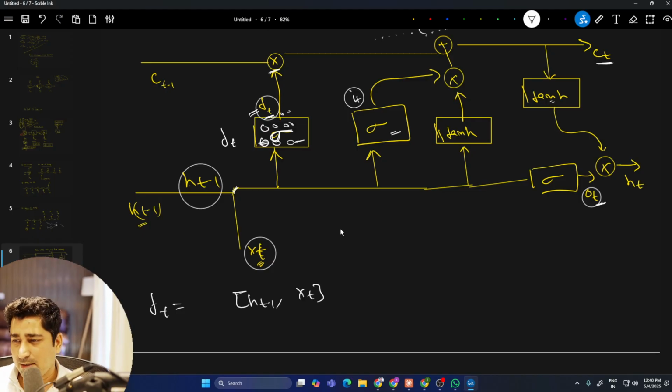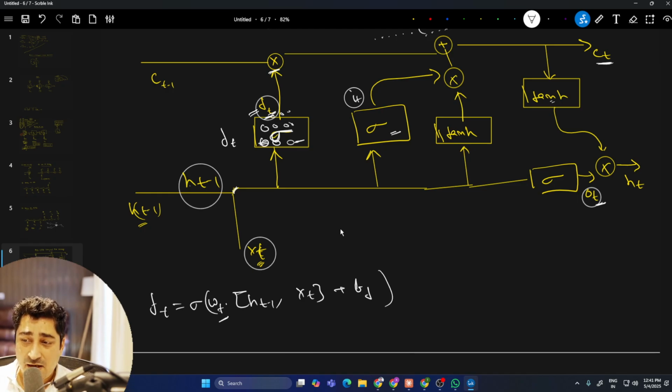It will be multiplied with the weight of the forget gate, plus the biases of the forget gate, and then it is going to be passed inside some function. Can I write down this entire forget gate output in this particular way?